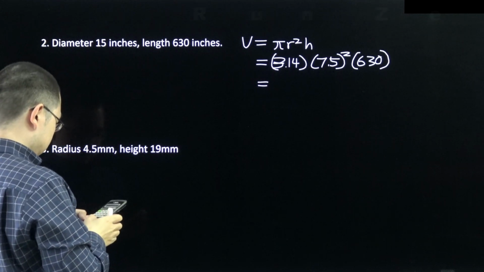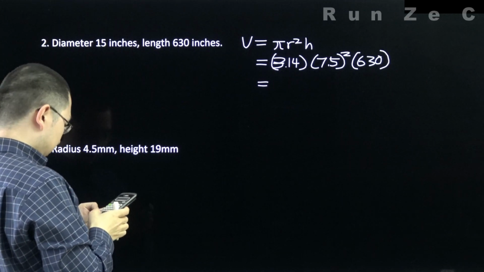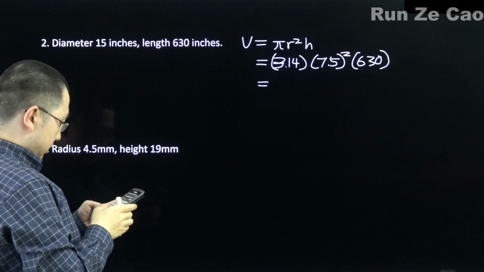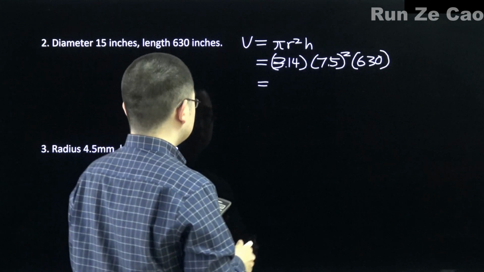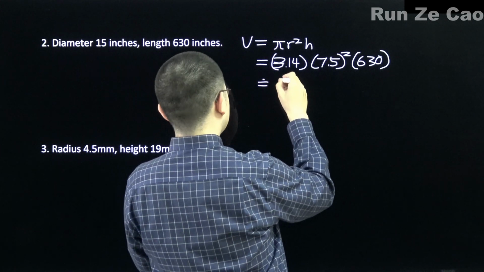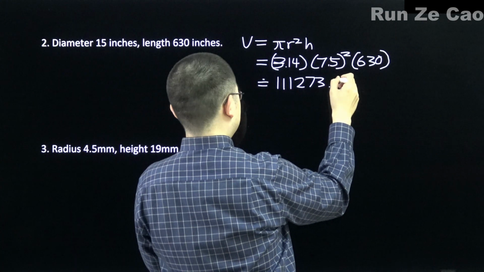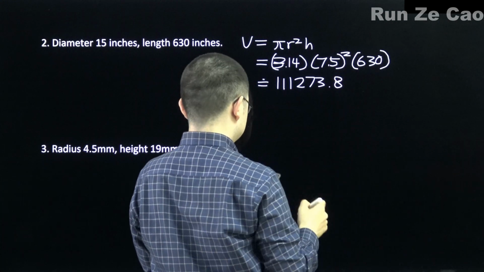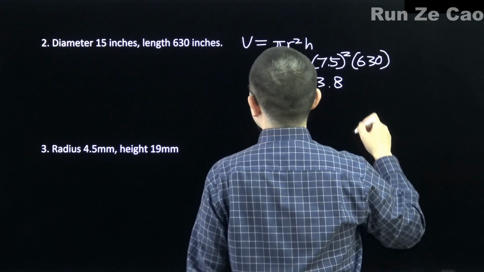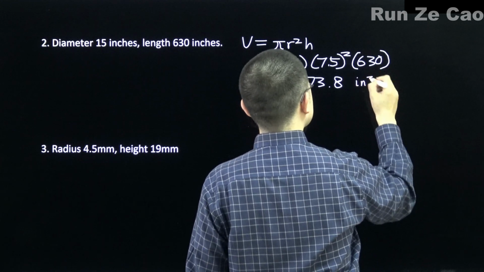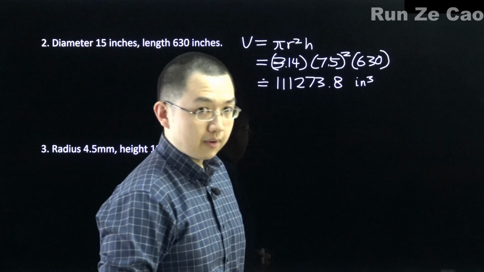So 3.14 times 7.5 squared times 630 leaves us with approximately 111273.8. And this is in inches to the third power.